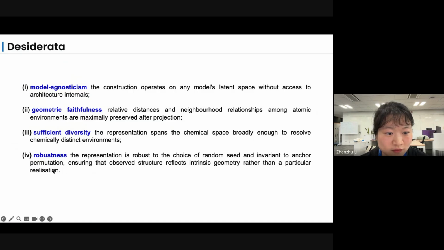And then the method should be robust, so the representation extracted shouldn't change a lot due to different random seeds or the permutation of the anchors.